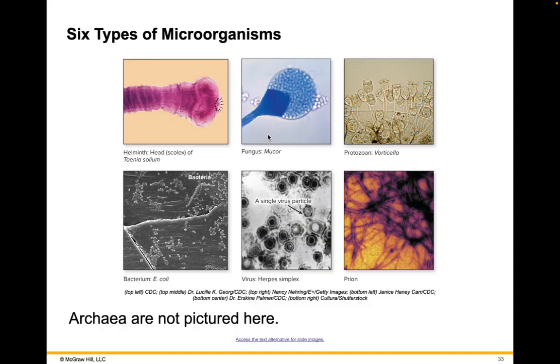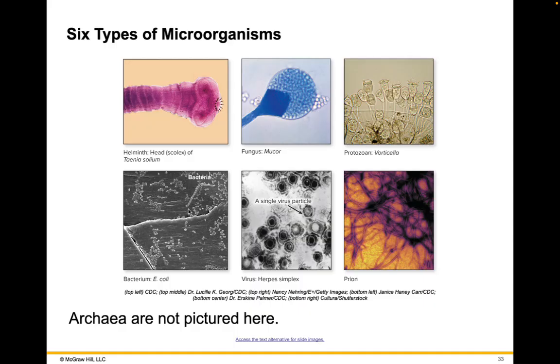Here's a fungus and a protozoan. Vorticella, a really pretty protozoan to see under the microscope. Bacterium. So bacterium is one. Bacteria is more than one. And so that's why they're pointing to multiple bacteria.